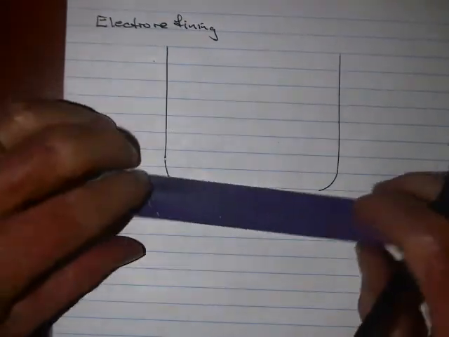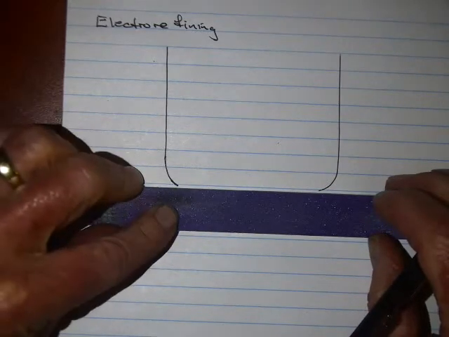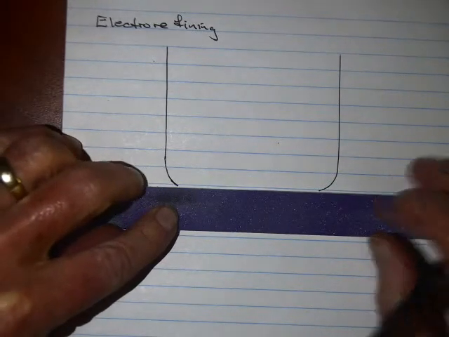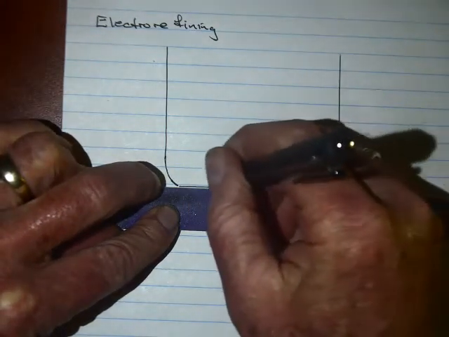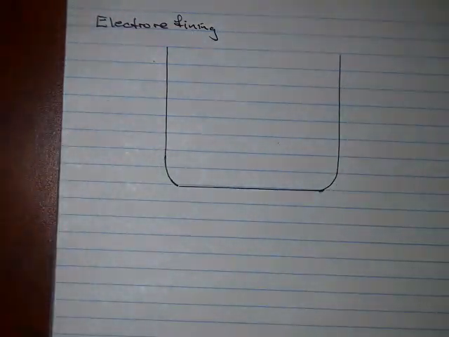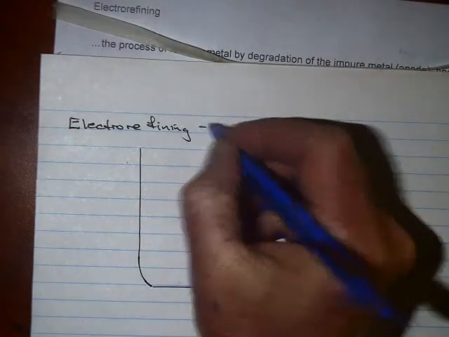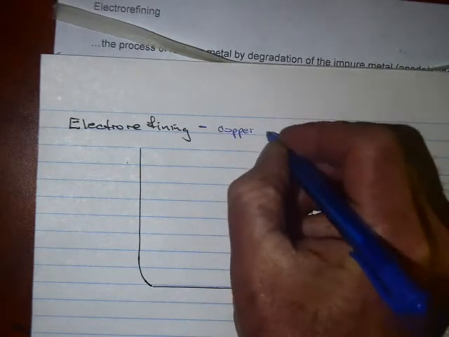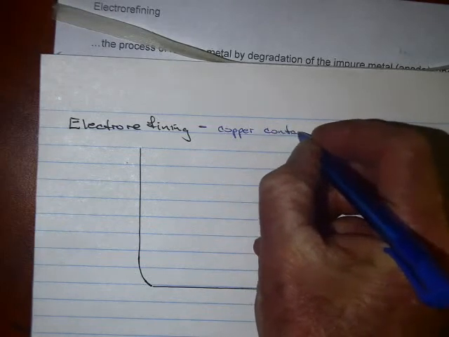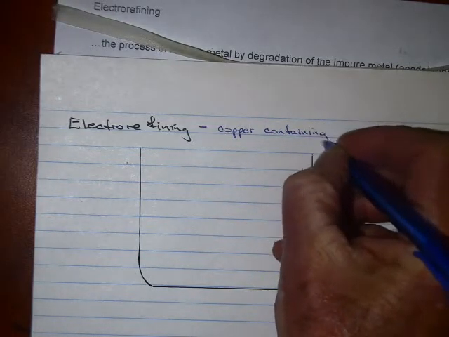So I'm drawing a beaker, by the way. And let's suppose I have copper containing impurities.